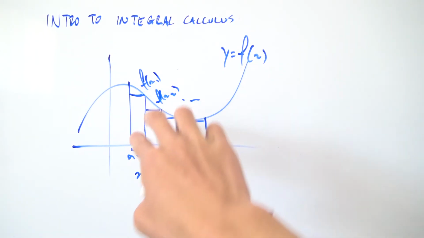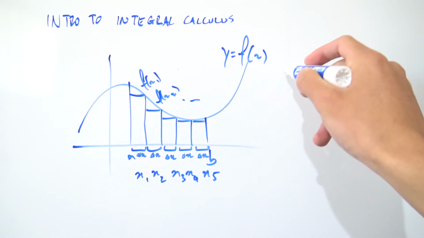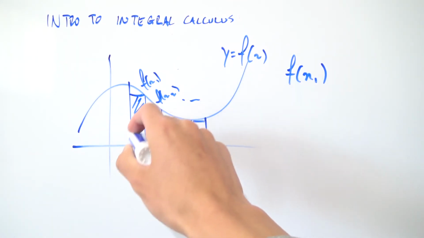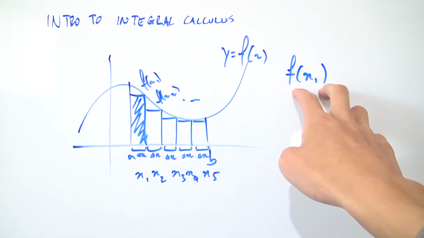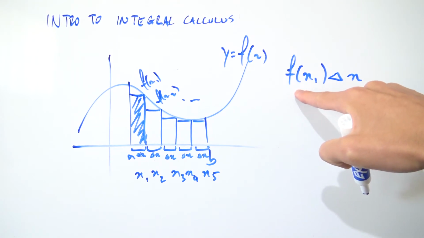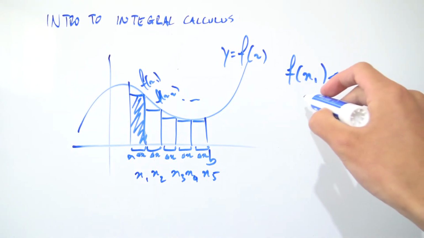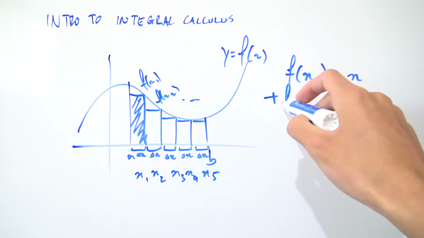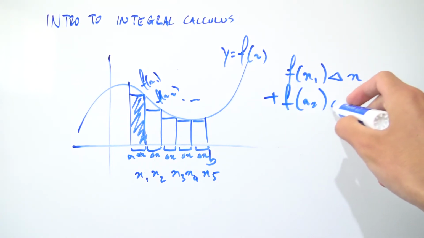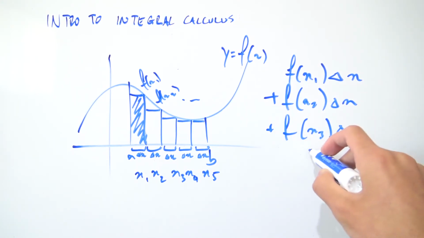So we know the height and the width of each of these rectangles, and now all we have to do is sum all of them up. We're going to have f of x1, dealing with this first rectangle first, so we have the height, which is f of x1, times the width, delta x, and this gives us the area of one small little rectangle. Then we add them up with all the other ones, f of x2 delta x plus f of x3 delta x, and so on.